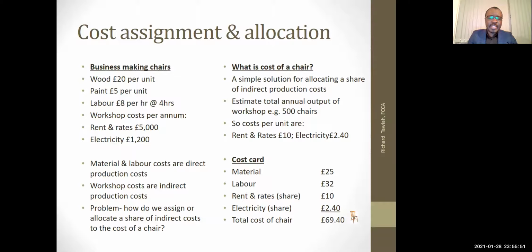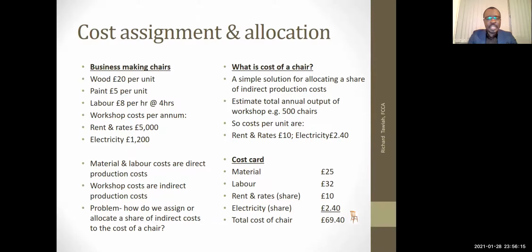It is very easy when we have a single line of business. Let's say the company produces only chairs, nothing more. If that's the case, it's quite easy to find the indirect cost per unit. Let's assume that we produced 500 chairs annually.